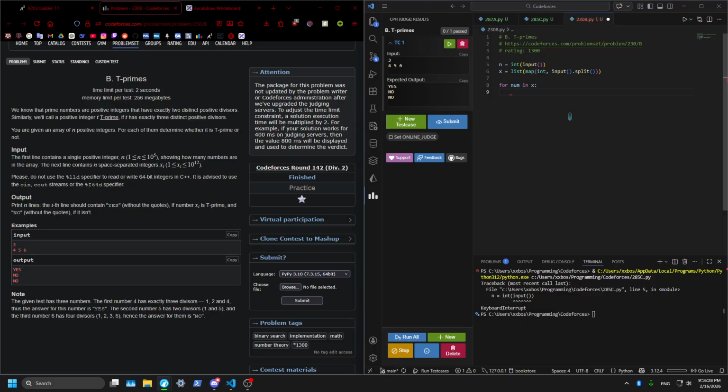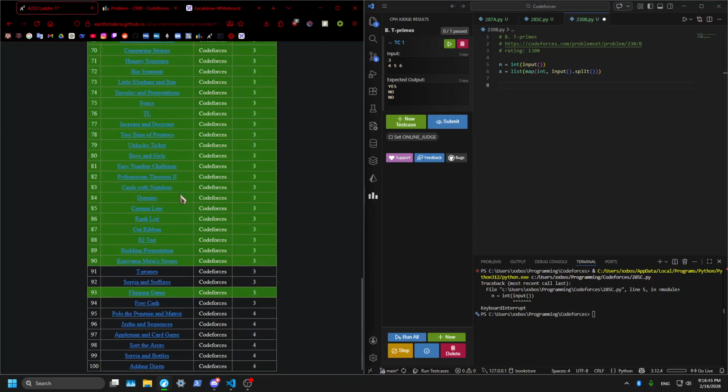Now do I remember how to implement the sieve? What I do remember is we need an array. Okay, what was that?